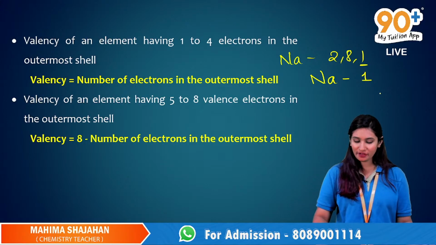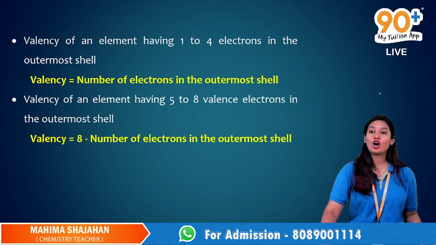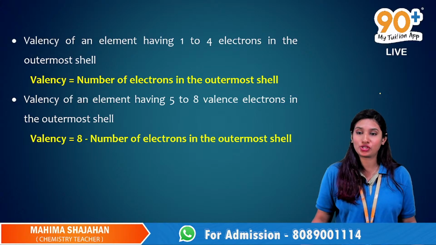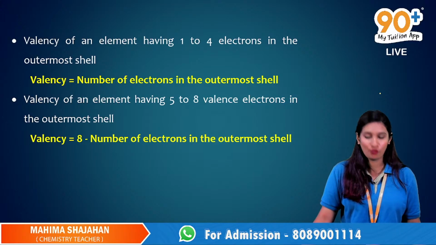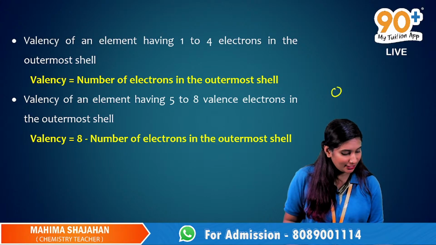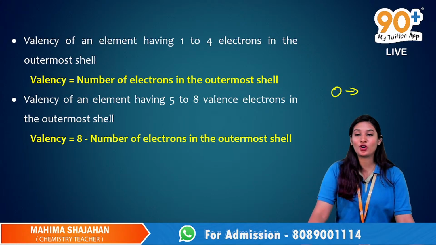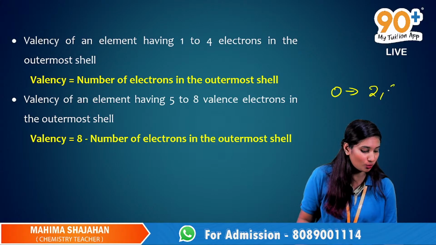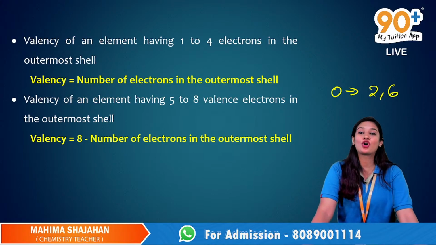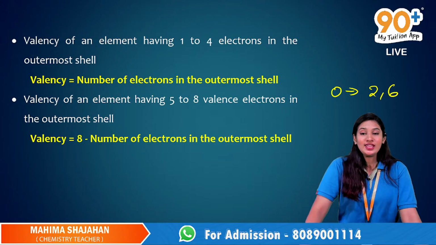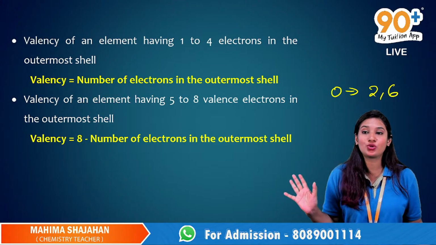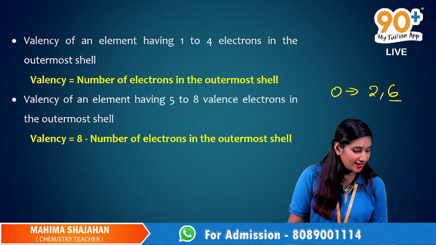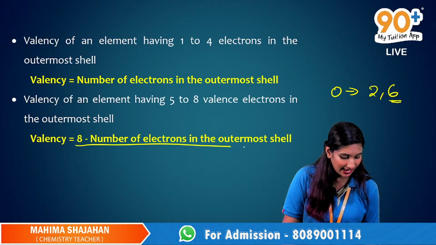Now, what if that atom has got more than 4 electrons in the valence shell? Let's find it out. I'll give you an example: oxygen. The electronic configuration of oxygen is 2,6. In this case, you have to subtract the number of valence electrons from 8.